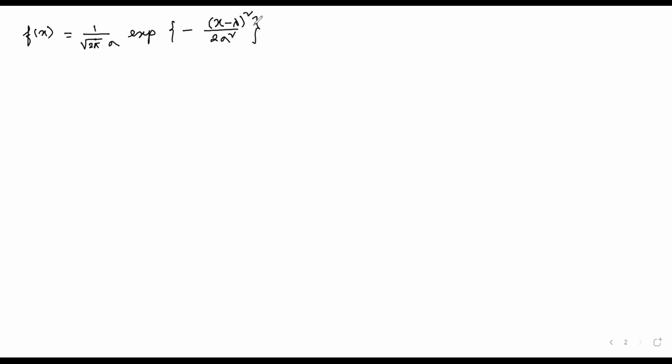So this is the expression for the normal or Gaussian distribution.